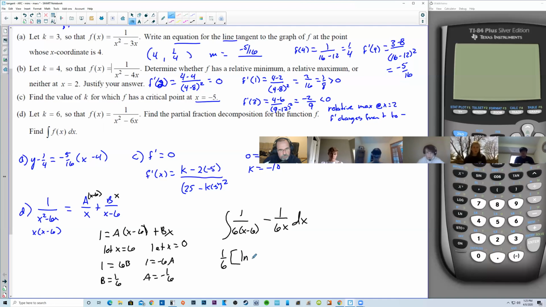That's going to be the natural log of absolute value of x minus 6 minus natural log of absolute value of x, plus C. So 1/6 natural log of absolute value of x minus 6 over x. Remember, when you subtract logs, you can combine them as a division, and then plus C. And I think that's how the rubric has the answer.